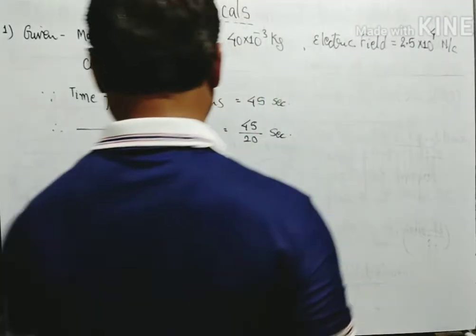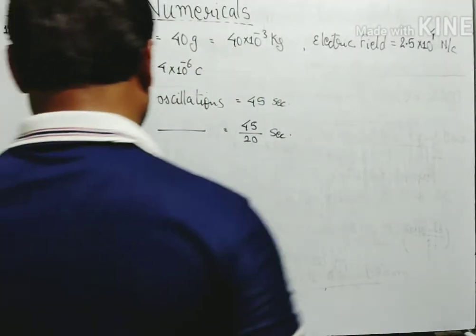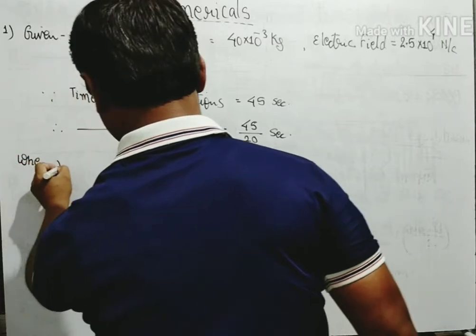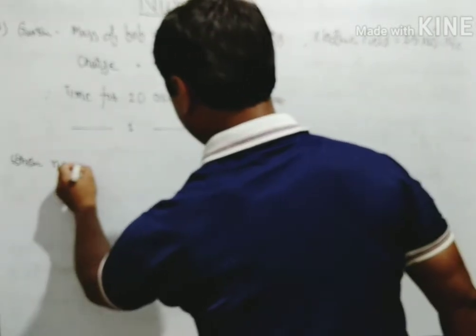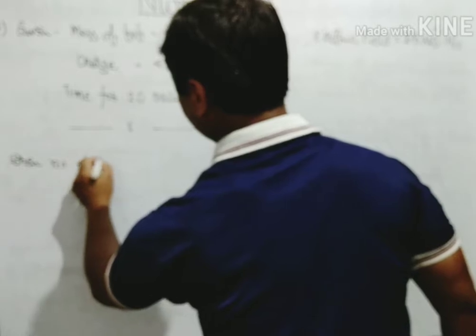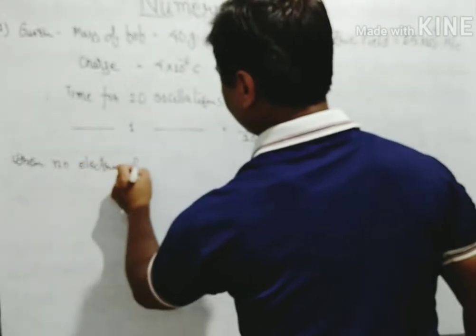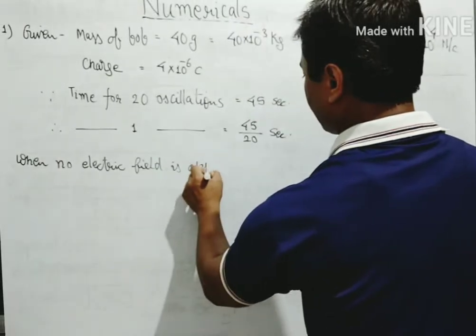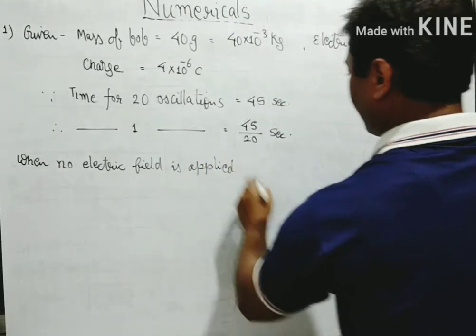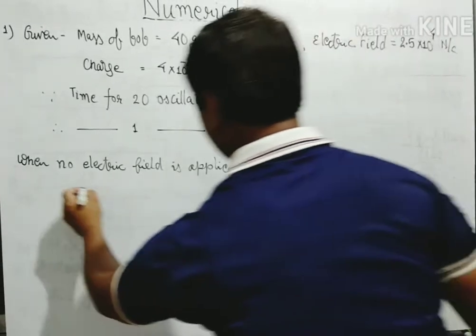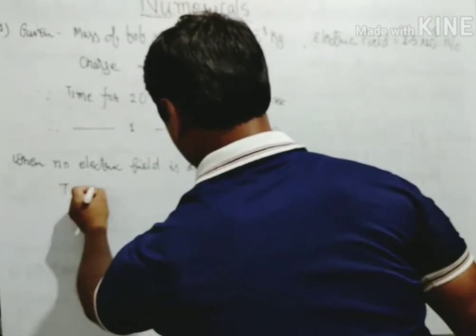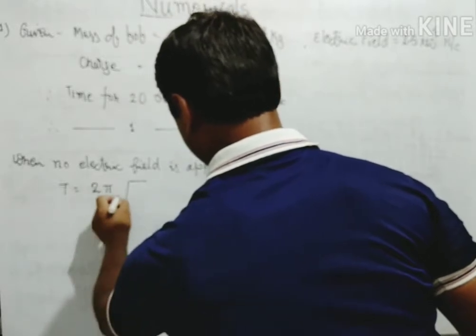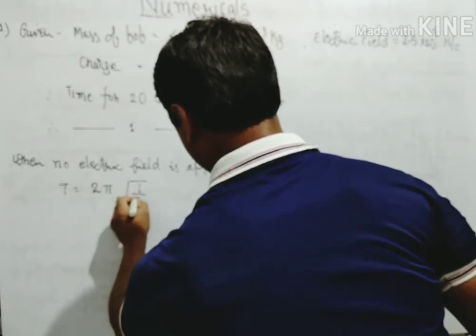When no electric field is applied, the time period is T equals 2 pi under root L upon g.